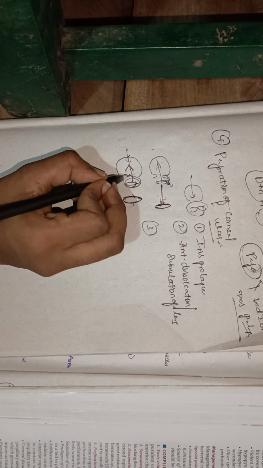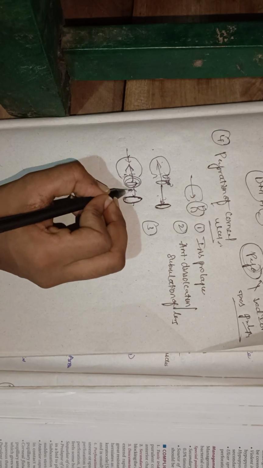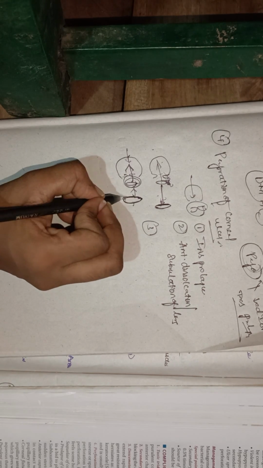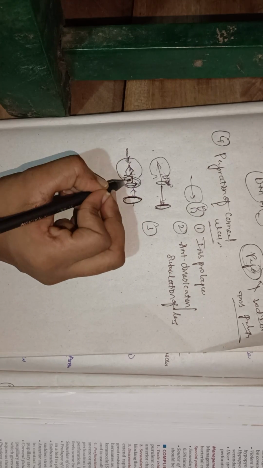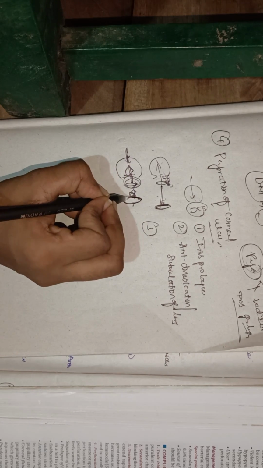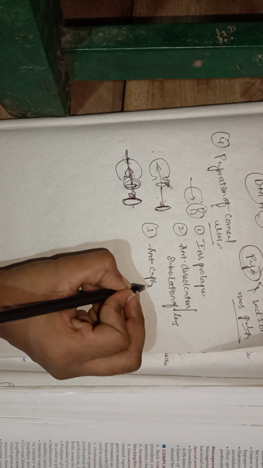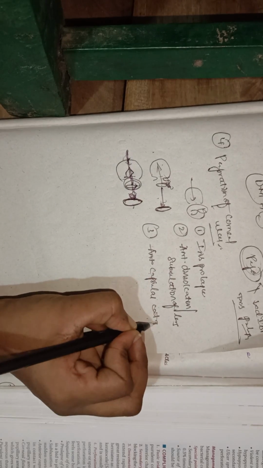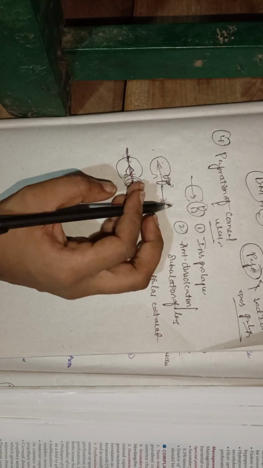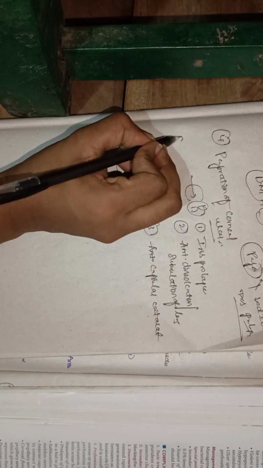This is the anterior capsule, this is the posterior capsule. So this anterior capsule undergoes cataract. How does it happen? When the perforation comes in contact with the anterior capsule of the lens, it leads to anterior capsular cataract. This is the lens, and the perforation occurs at the anterior capsule, leading to cataract.